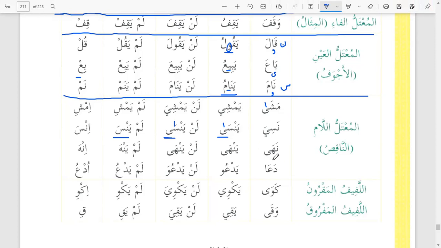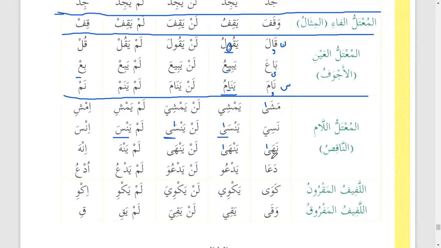Then we have the pattern of fataha yaftahu. Naha yanha: nahaya yanhayu changes into naha yanha. Also here we have alif maqsura, so it will not accept any haraka. It is naha, he forbade; yanha, he forbids; lan yanha, he will not forbid; lam yanha, he didn't forbid; inha, you forbid.